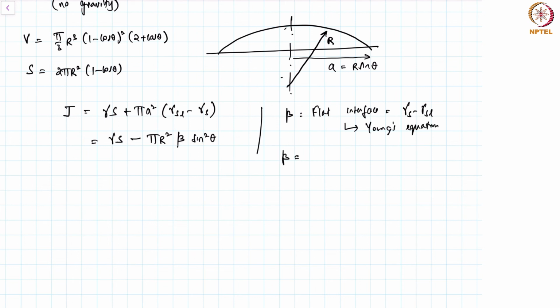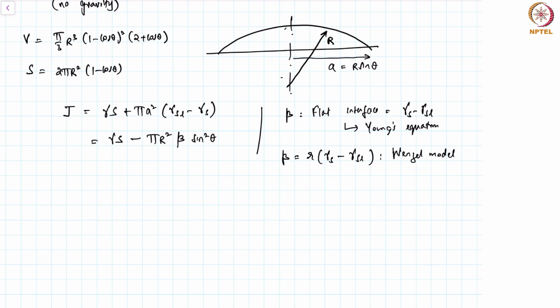In the case of the Wenzel state, if I apply this beta to be R times gamma S minus gamma SL, then we get the Wenzel model. And we can do something similar for the Cassie-Baxter state, where now beta will involve the roughness elements or beta will involve the chemical heterogeneities.